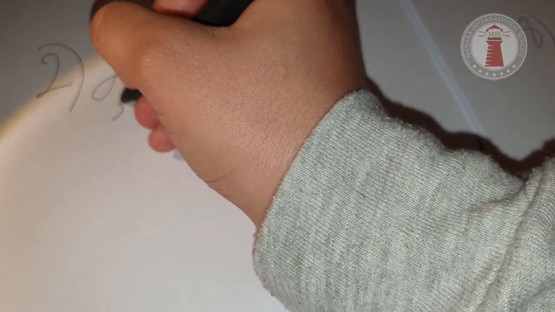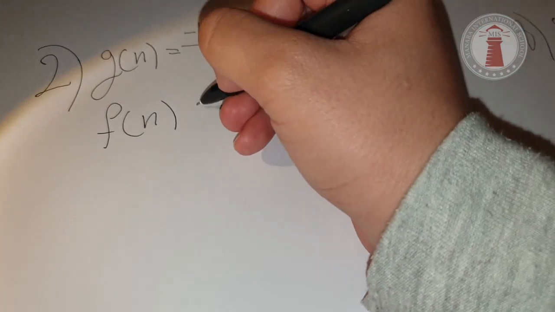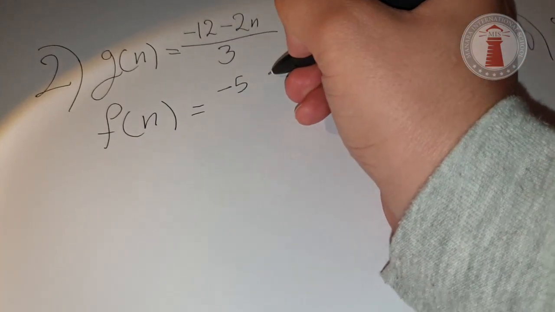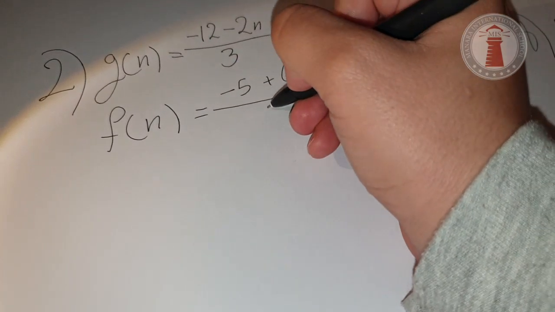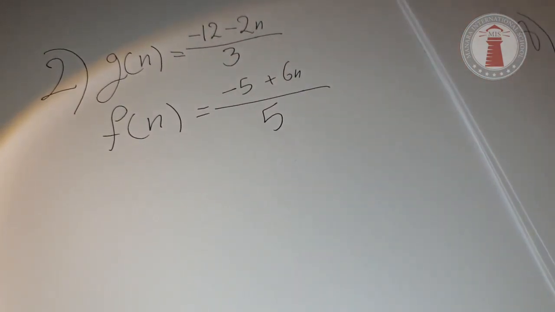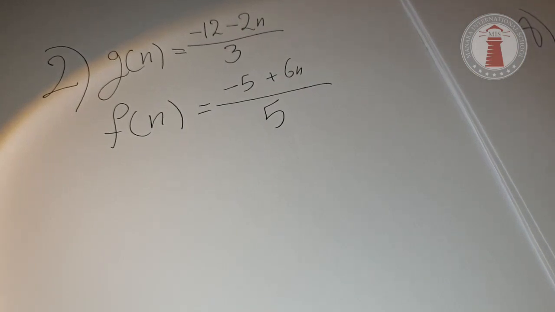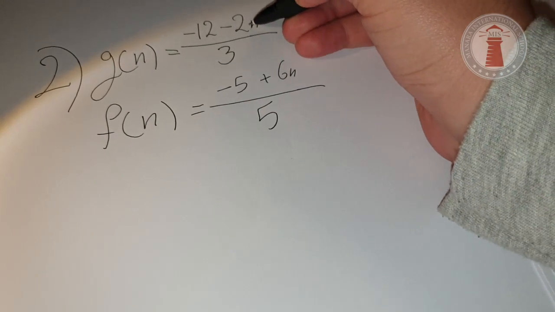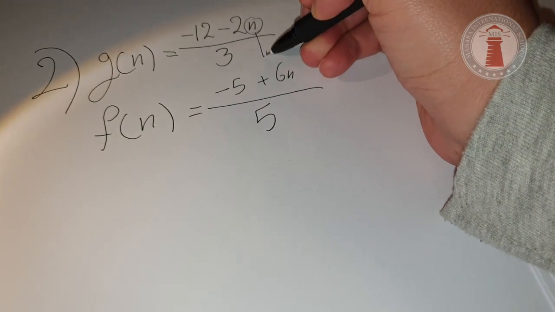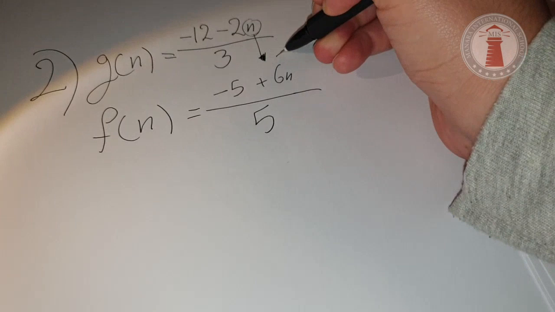And the second function is f of n, that is equal to negative 5 plus 6n over 5. Now, you can pick any of them. Let's just do like we did before. So instead of n here, we're going to substitute this whole function.